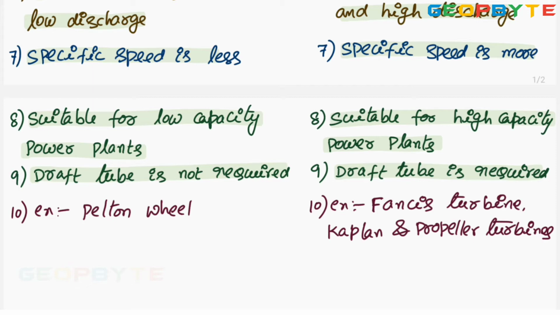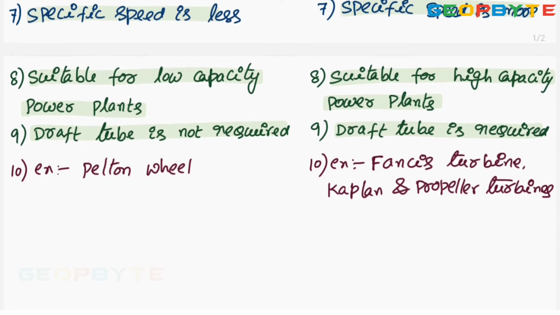To carry this very low pressure water from the exit of the turbine to the tail race, we need a water carrying mediator. That mediator is called the draft tube. We will discuss the meaning of the draft tube clearly along with reaction turbines. For the time being, remember, draft tubes are compulsory for reaction turbines and not required for impulse turbines.